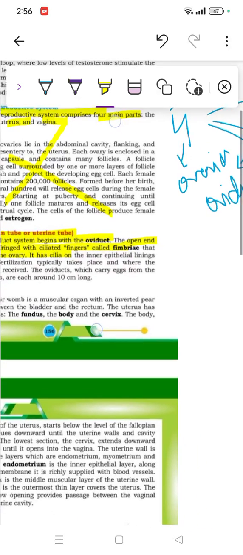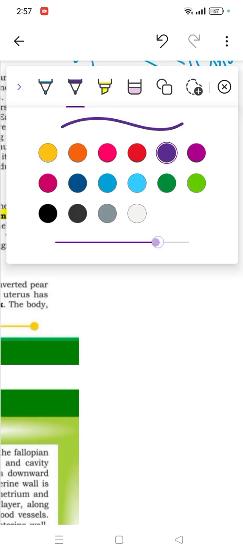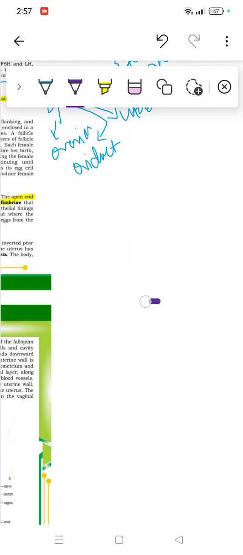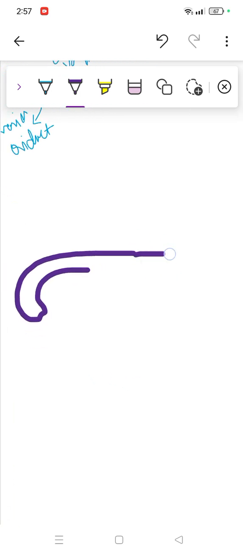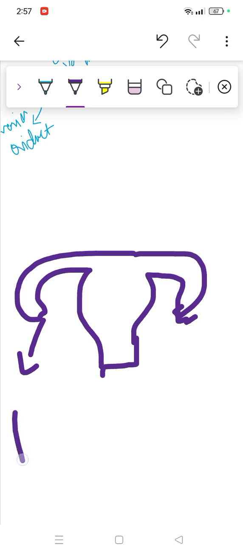So if I just make a structure to make you understand, okay, let's go. You will see a kind of structure like this. Over here you see this finger-like structure called fimbriae.